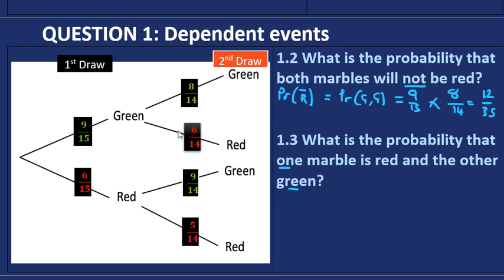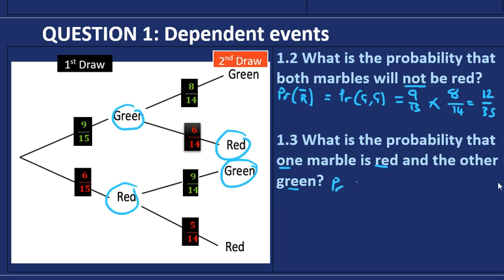There are 2 ways to get that probability. Either the first one is green and the last one is red, that's the one way. Or the first one is red and the last one is green. Either way, we've got one red and one green. So let's write out both probabilities.